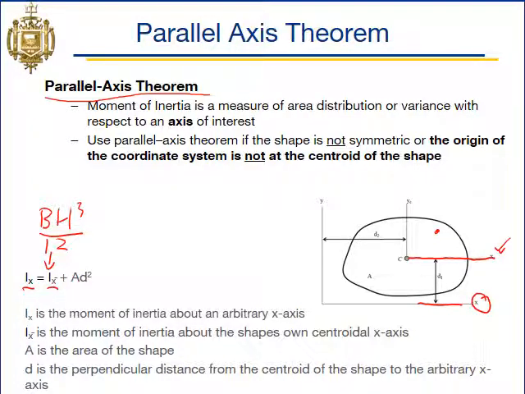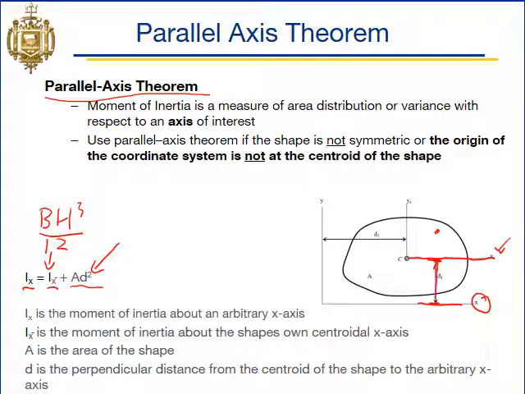And then the next piece of our parallel axis theorem equation is plus A d squared. A is just the area of the shape. And d, which is probably the most difficult piece of this, is the perpendicular distance between our centroidal axis and our new reference axis.